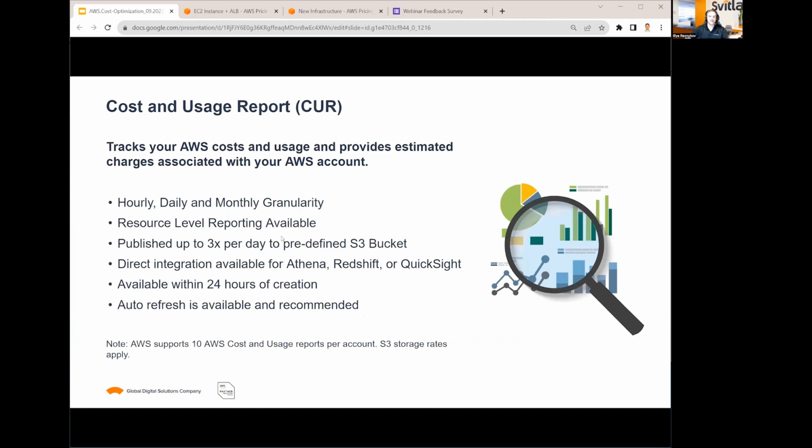The next tool which we could use is called Cost and Usage Reports, which is a more advanced technique. It contains data about our cost and usage. When we set up this service, reports are automatically put into an S3 bucket, in formats that allow integration with Athena, Redshift, or QuickSight.